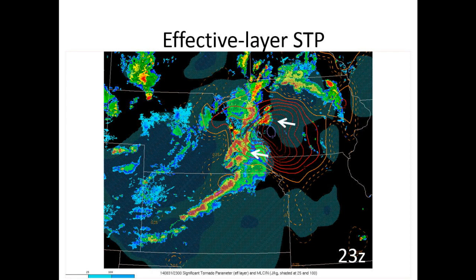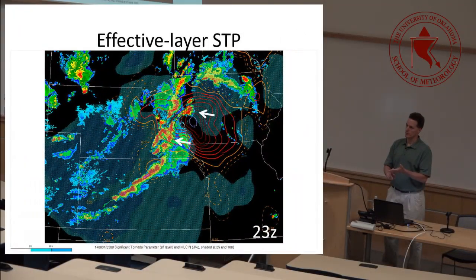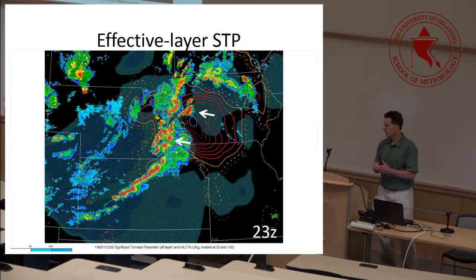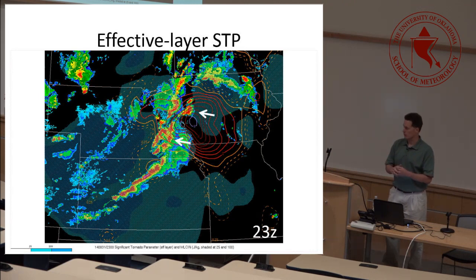If you just take a snapshot of this environment, you see SIGTOR values on the order of 9, which is probably 95th percentile for that parameter for significant tornadoes, so that's way up in the distribution. Large low-level shear, strong deep layer shear, large buoyancy, low LCL height. So this is a favorable environment as we understand it, and we've got what looks like a semi-discrete storm moving into it. So you would think, based on the snapshot, gee, we might have a tornado problem.